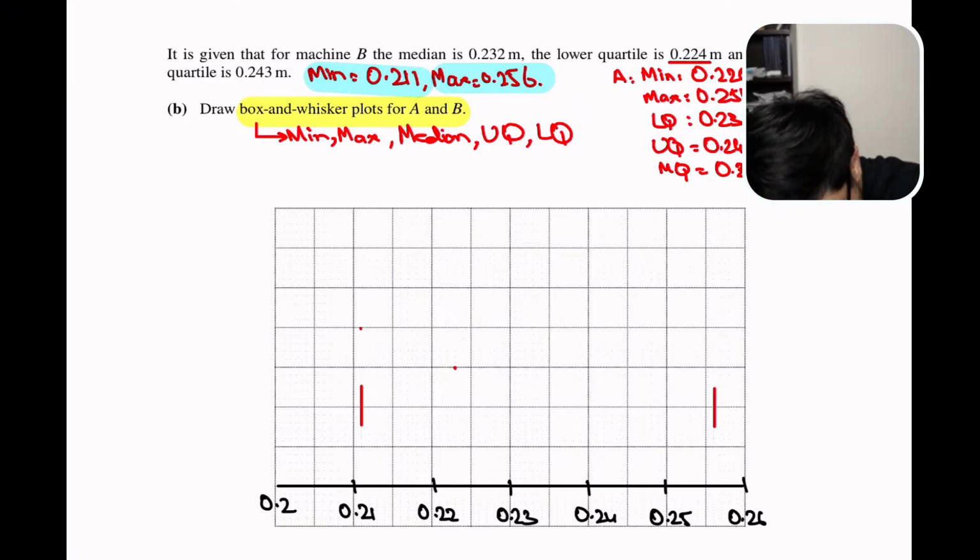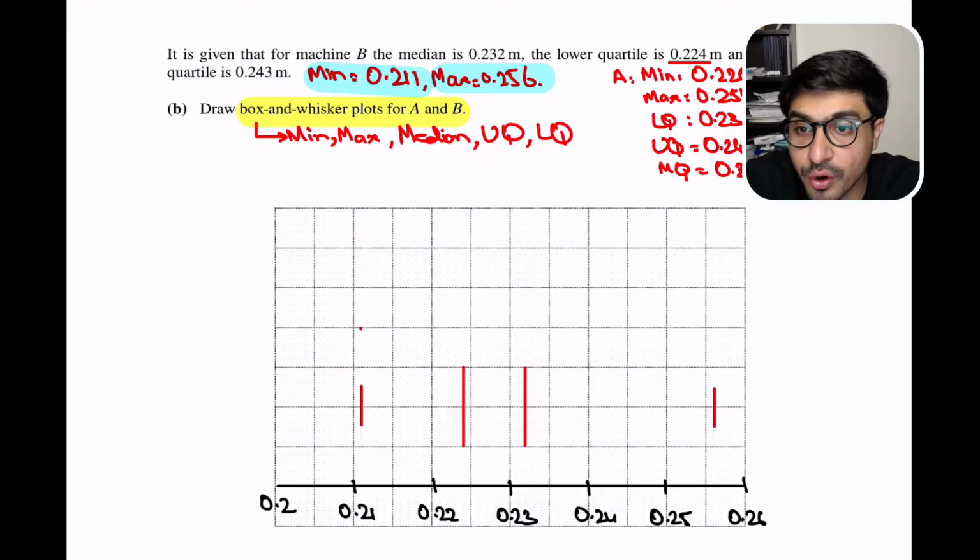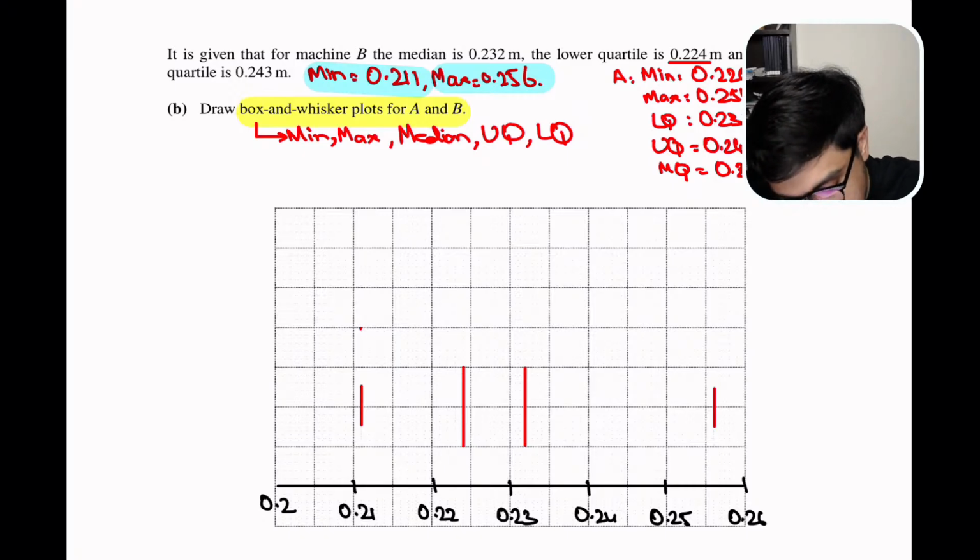So 0.224 is going to be somewhere over here, and then this is how it is going to be, right? And then what is going to be the median value? The median is here, 0.232. So 0.232 is going to be here, and then it is going to be the upper quartile as well. The upper quartile is going to be 0.243. So 0.243 is going to be somewhere over here, right?